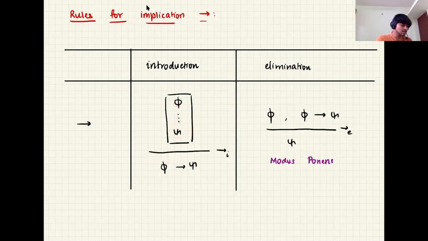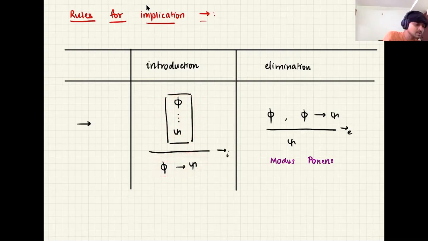So that is what this box means. If you want to do an introduction to implication, you first assume phi, and then you apply all your rules here. And if you're able to derive psi, then below this assumption, you write phi implies psi. It just means that this thing is derivable.